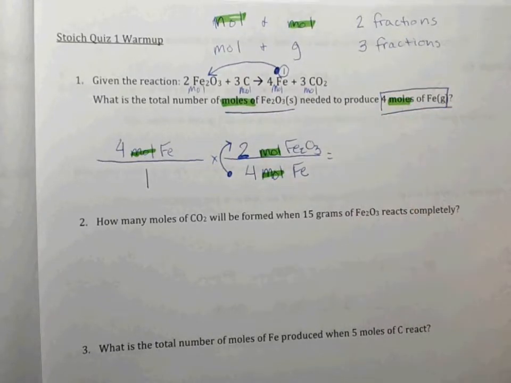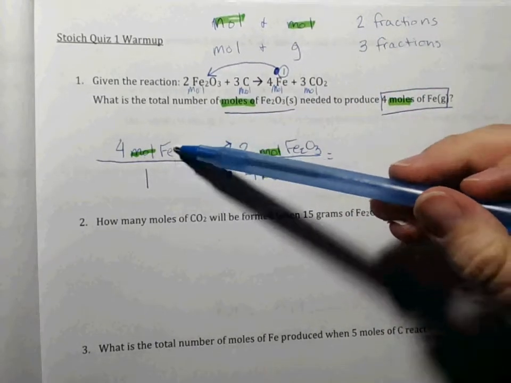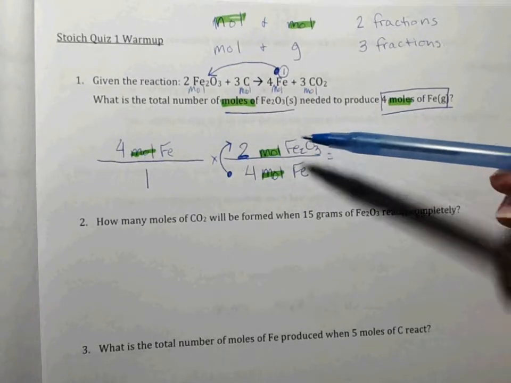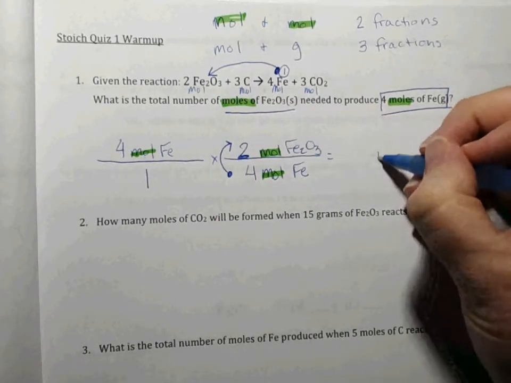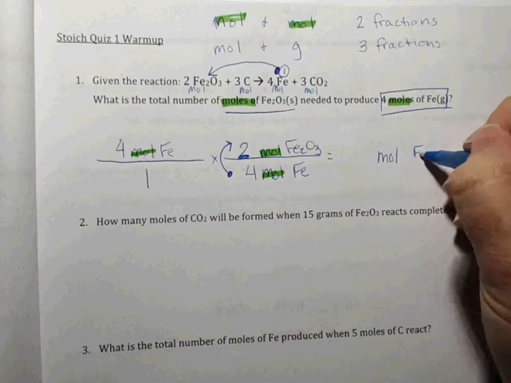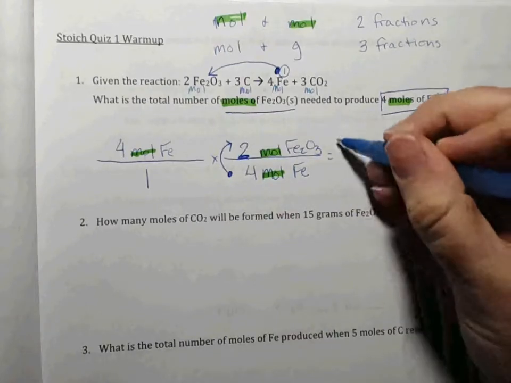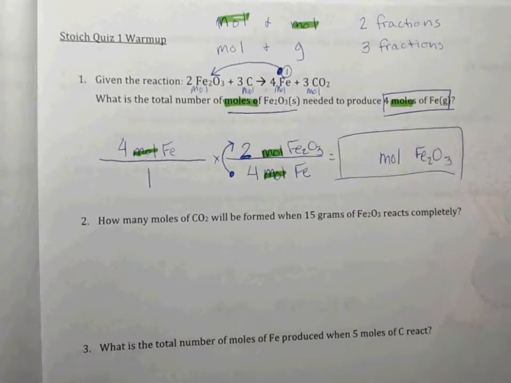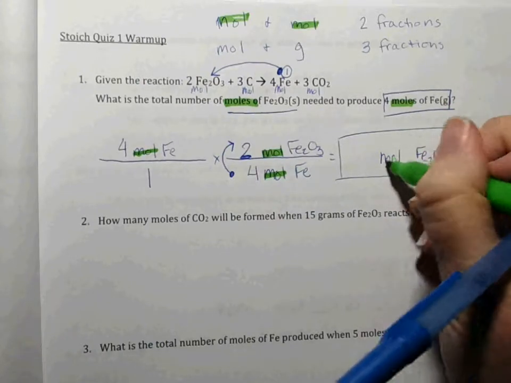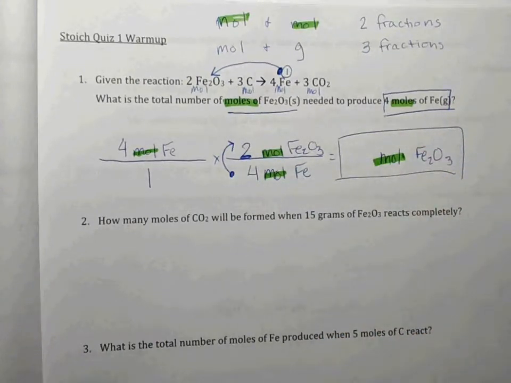We need to use moles 4 times, twice with each chemical. Here it is twice with iron. Now here's moles of Fe2O3 once. The second time for Fe2O3 is going to be in my answer. And if you go ahead and calculate that, 4 times 2 divided by 4, you're going to get 2 moles of Fe2O3.